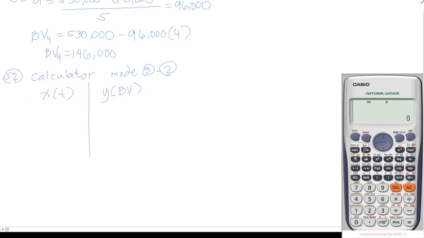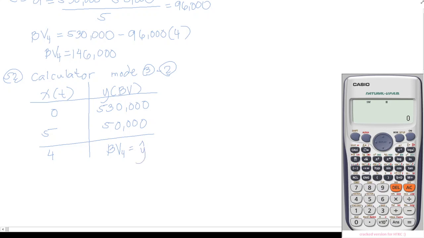If we tabulate that, for 0 years the first cost is 530,000, which includes the installation, and at year 5 it is 50,000. For our requirement, x is 4, and the requirement is the book value at the fourth year, the y hat again.